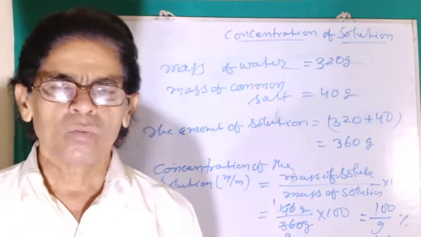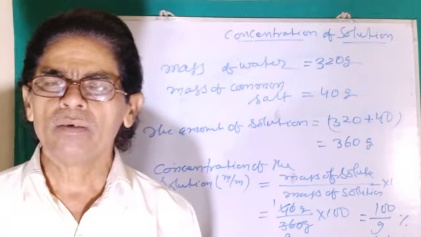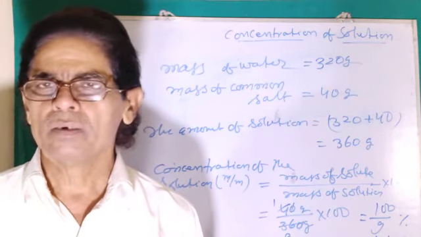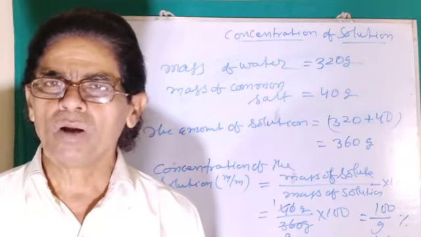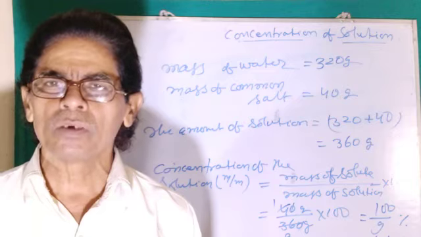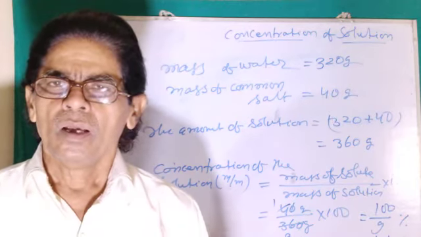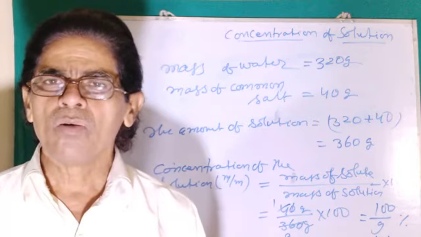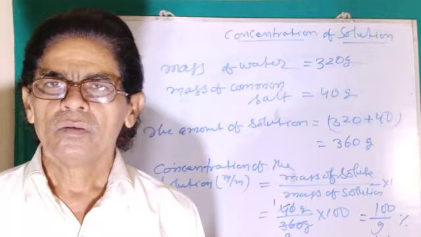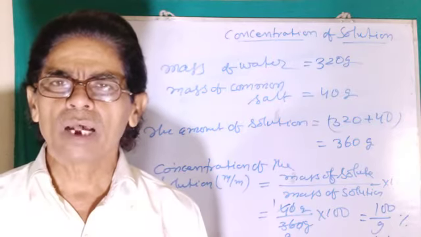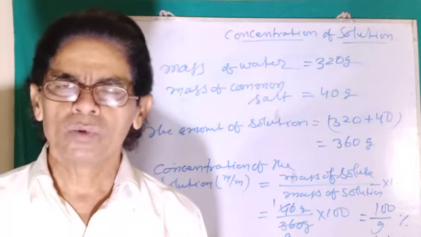There are so many things which may be considered as colloid, just as milk. Milk is an example of colloid. Blood is also considered as colloidal solution. Similarly, even the fog, clouds, and such mists, smog, all these are examples of colloidal solutions.